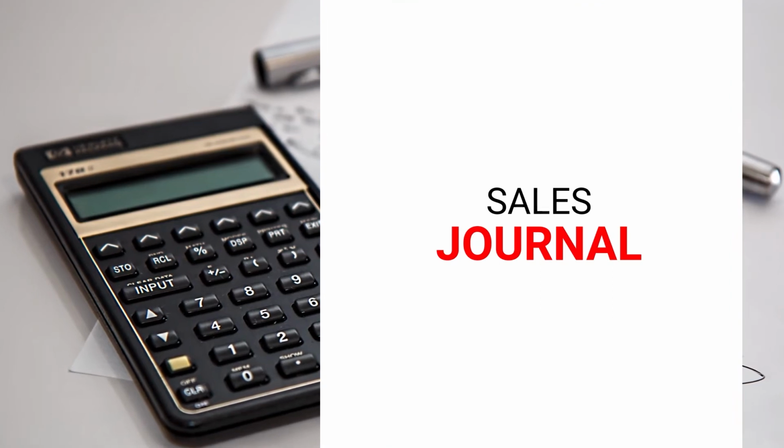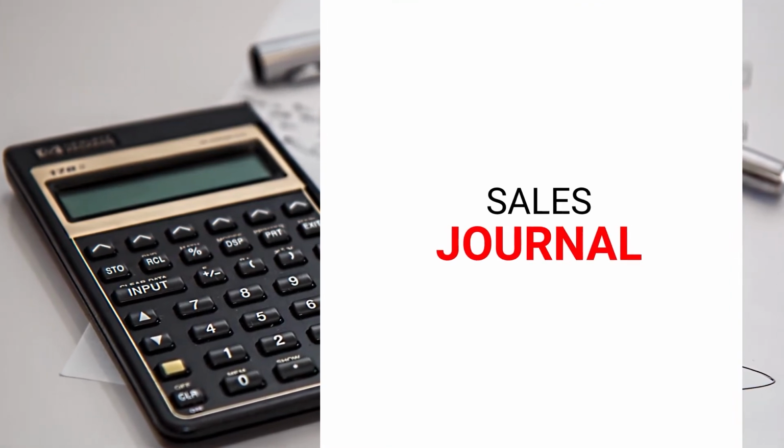Next one is sales journal. So, friends, as we have discussed the purchases journal, when we make sales of goods, goods may be sold either on cash basis or on credit basis.